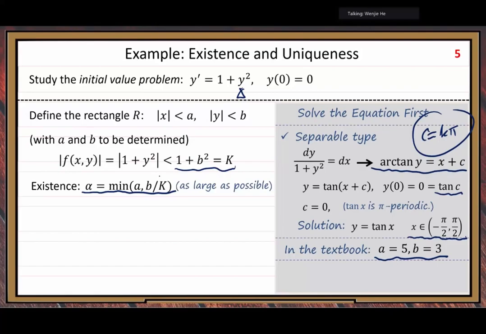And here I put we want this interval as large as possible. Alpha as large as possible. Okay? All right. The larger the better, right? That means, so let's look at this number.